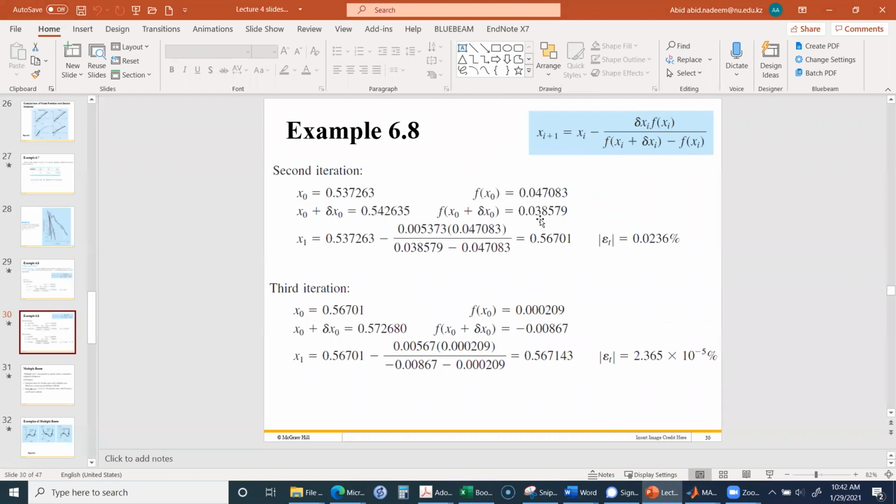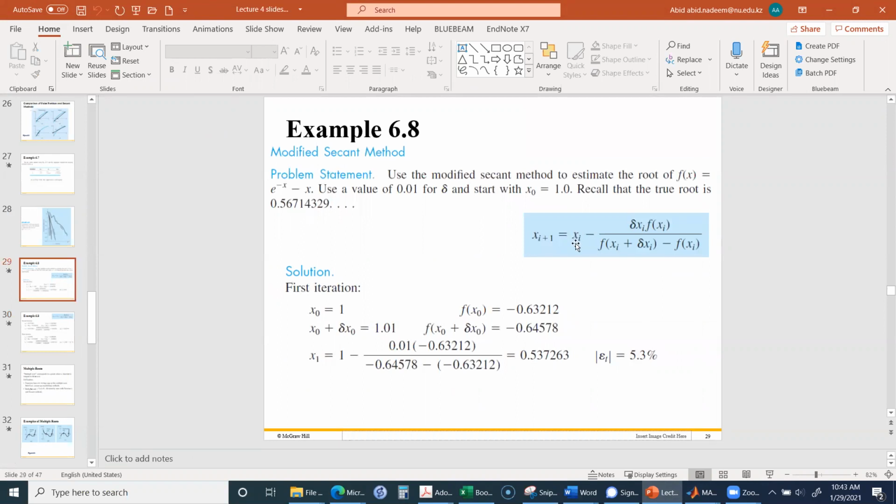So the formulation is, I will take xi, and xi is 1. Then I will take this delta and multiply by the 0.632, so f of xi will be this value. Then I will take the difference between the first values.